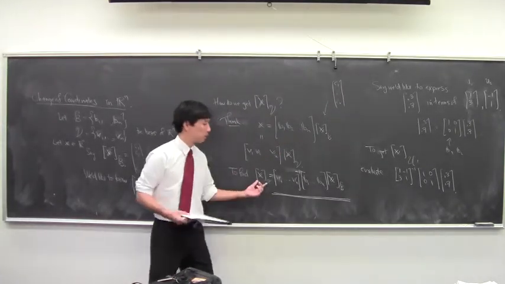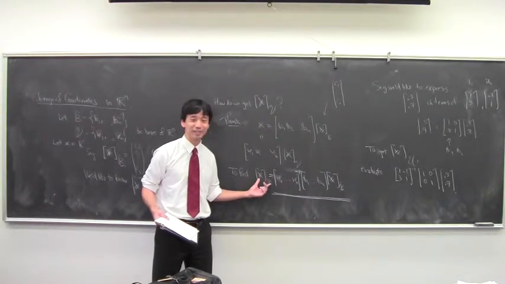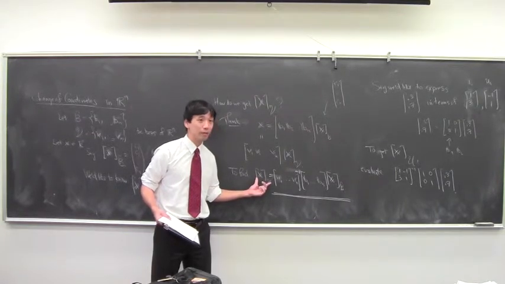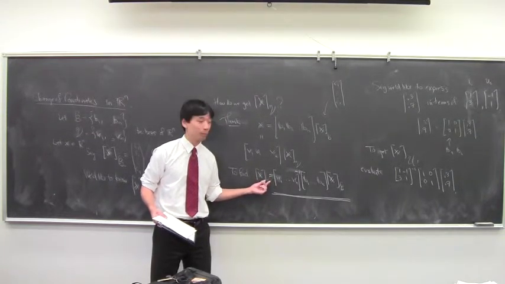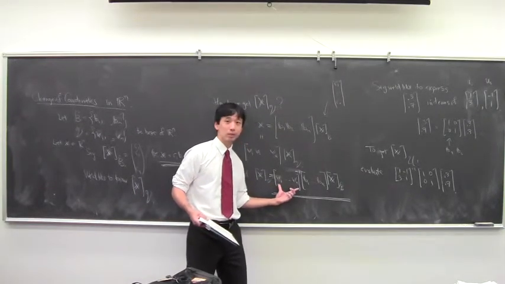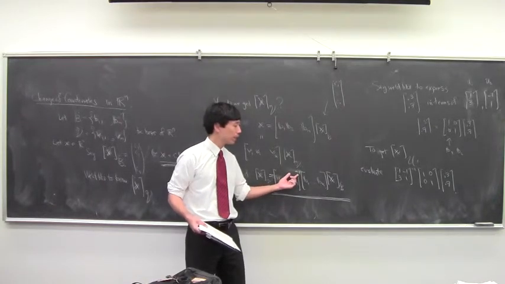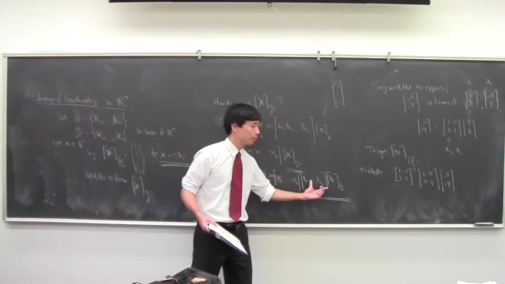The coordinate vector with respect to the u basis is going to be the matrix formed by taking the basis vectors, inverting that, and then multiplying that by this thing.